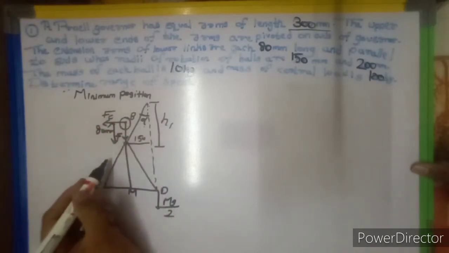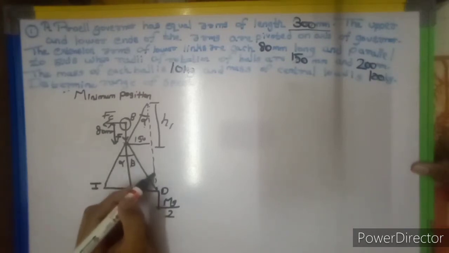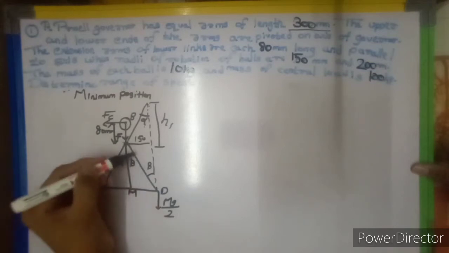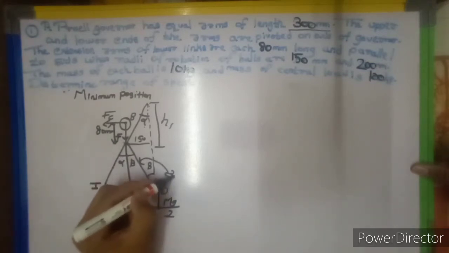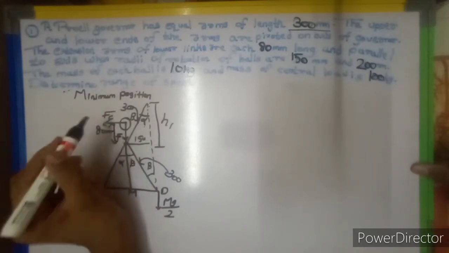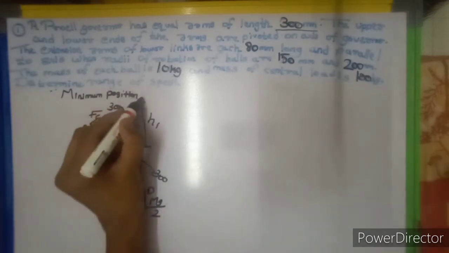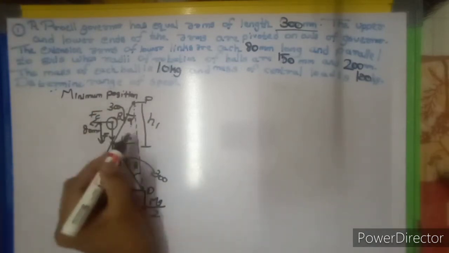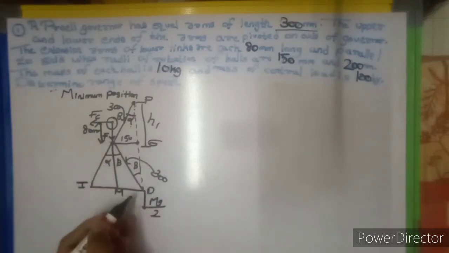This is alpha, so this is also alpha. This is beta, and this length is 300. So this point is P, this is G, this is F, this is T.